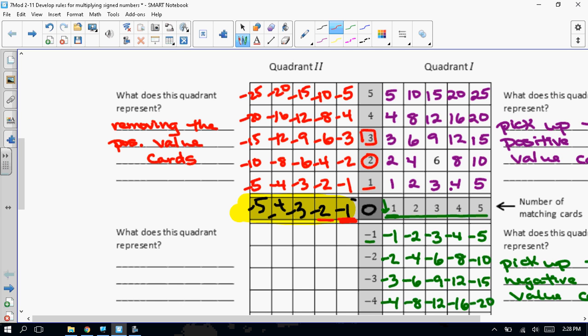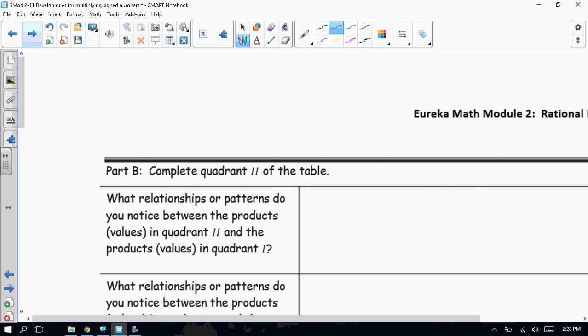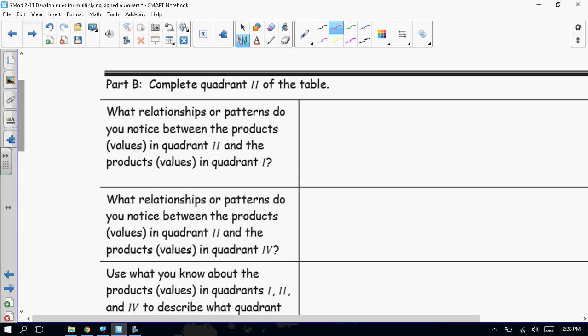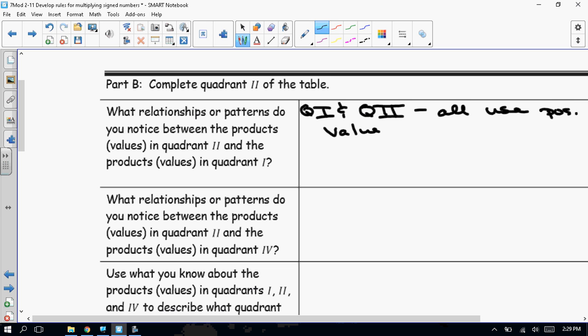What relationship do you notice, or what's happening here between quadrant 2 and quadrant 1, right? They're all positive value cards, right? And they're all the same digits, just some are positive and some are negative, aren't they? So if I go across the page here, quadrant 1 and quadrant 2 all use positive value cards, right?